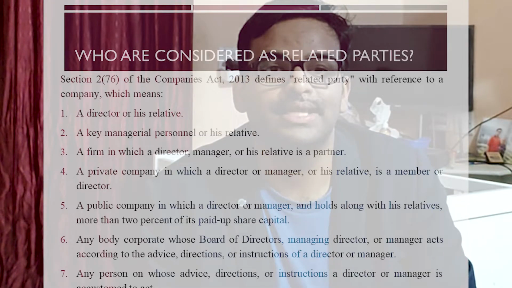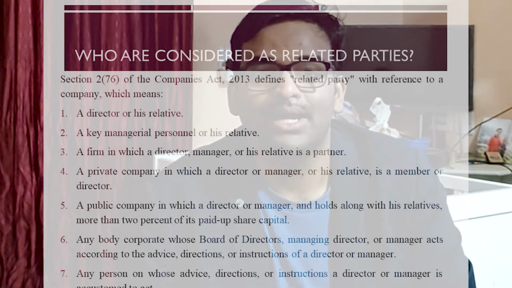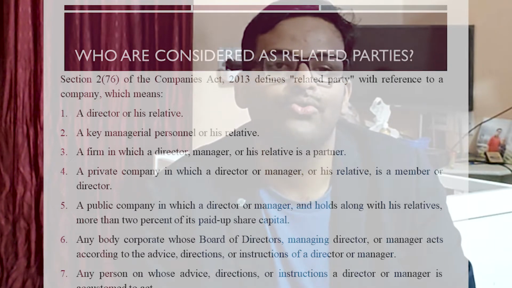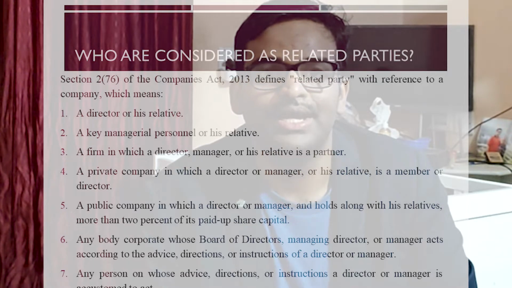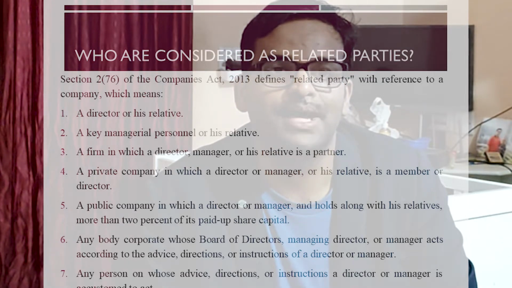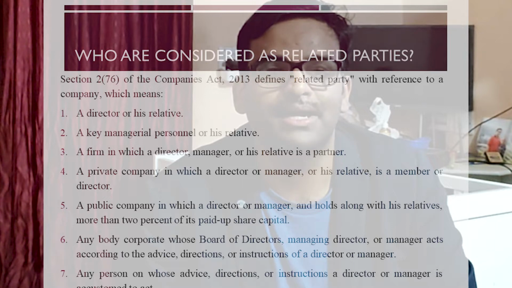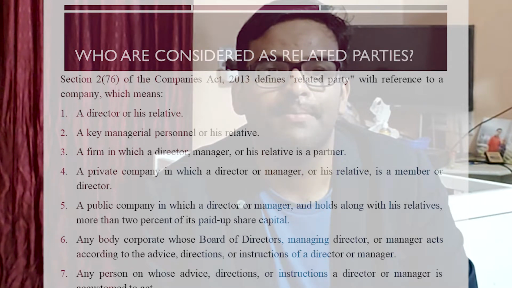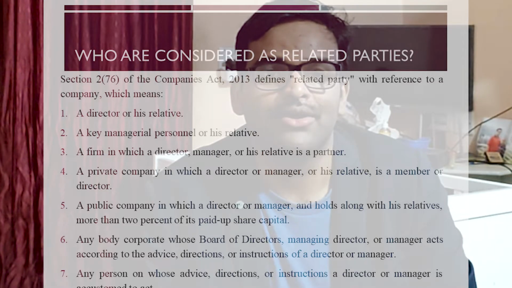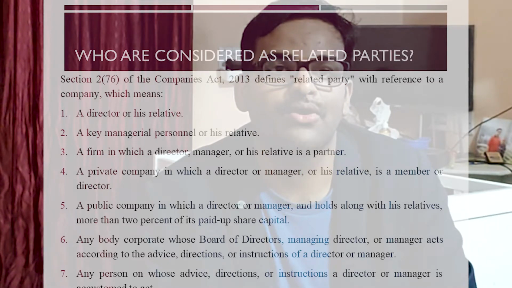Section 2(76) of the Companies Act 2013 defines related party with reference to a company, which means: 1. A director or his relative; 2. A key managerial personnel or his relative; 3. A firm in which a director, manager or his relative is a partner; 4. A private company in which a director or manager or his relative is a member or director; 5.